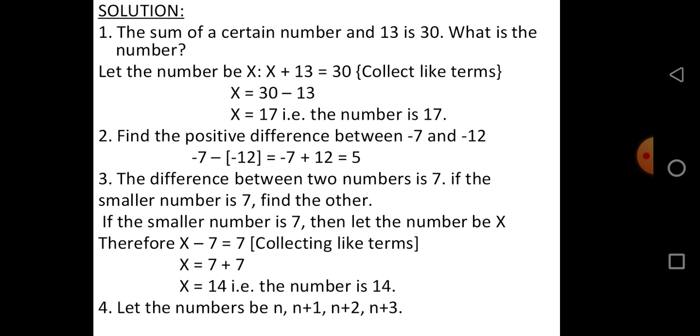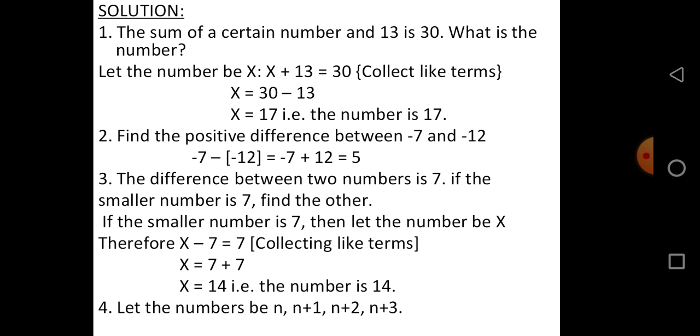our answer will become minus 7 minus, which is the difference, minus 12. You see in bracket, because this minus is this minus 12, we are subtracting it from minus 7. And mathematically, minus times minus will give us plus.